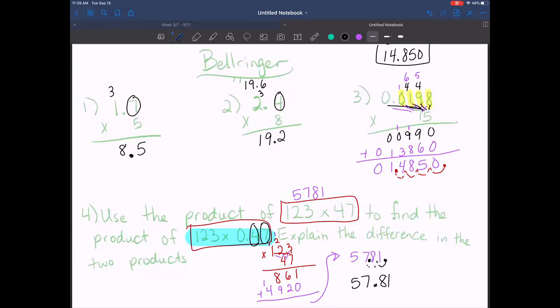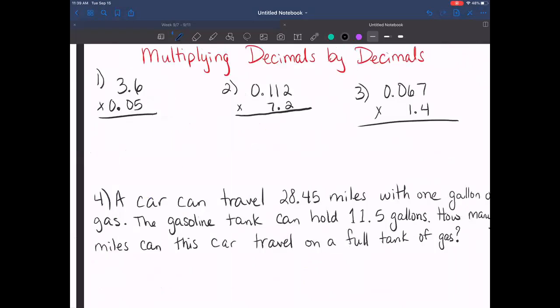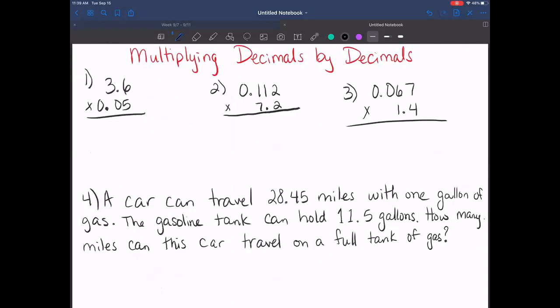No? All right, so today's lesson is multiplying decimals by decimals, all right? So it is basically the same thing, only now we're going to have decimals in the top number and in the bottom number. But it's the same steps.